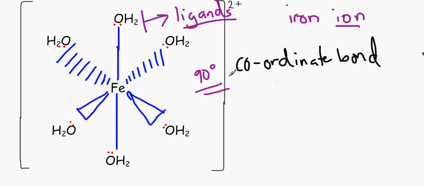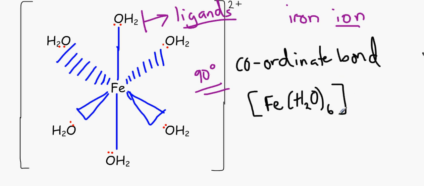The way that we would write this is square brackets, the ion first. So we've got the iron ion, and then we've got 1, 2, 3, 4, 5, 6 water molecules. So we write H2O and then 6 at the end of it. Close bracket, and then we've got the charge on it.